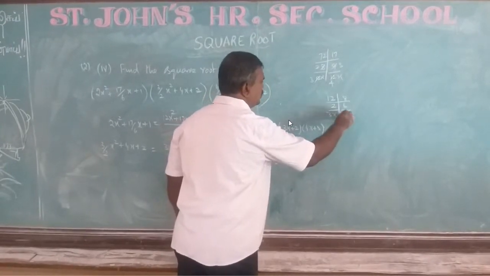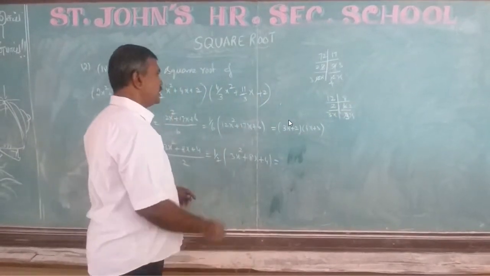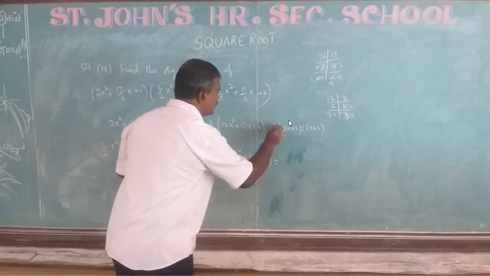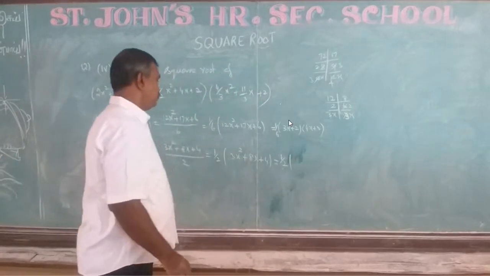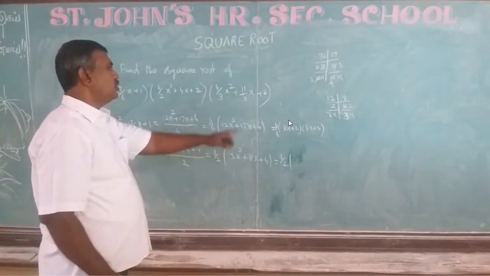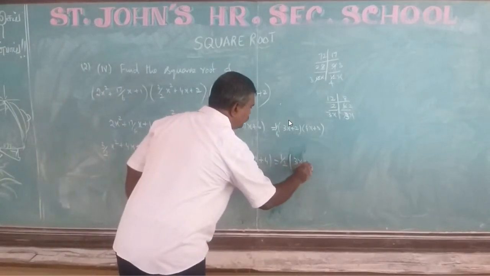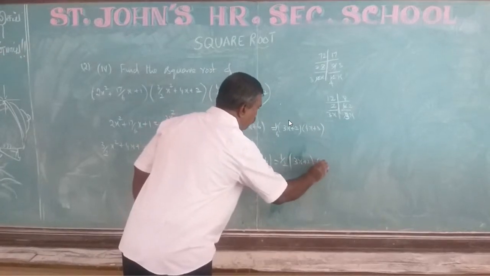Therefore the answer is 1 by 2 into (3x plus 2) into (x plus 2).